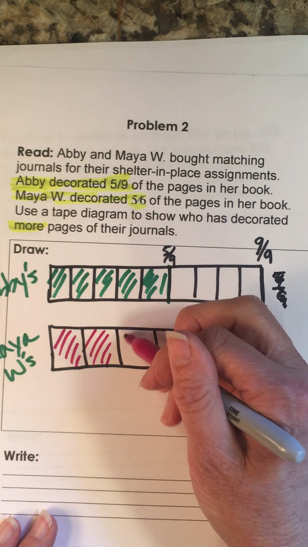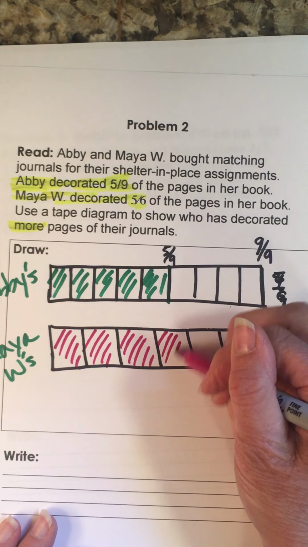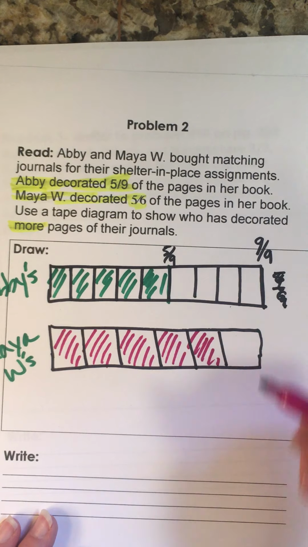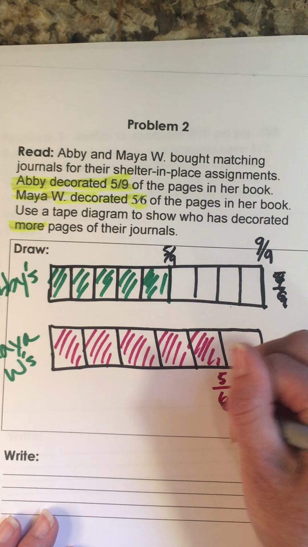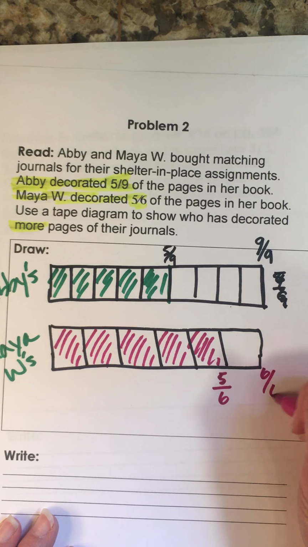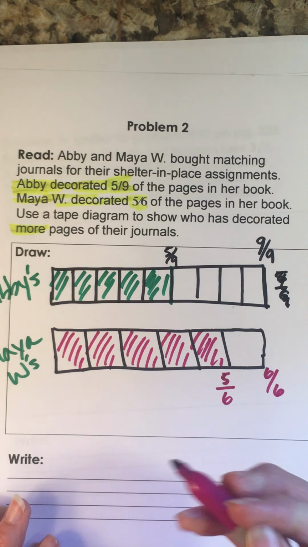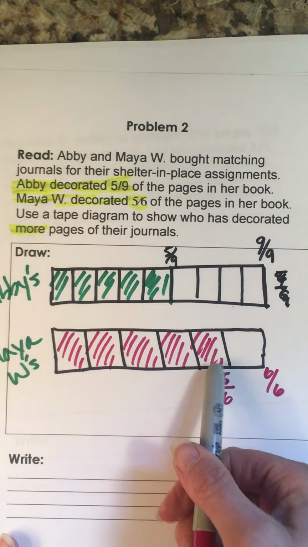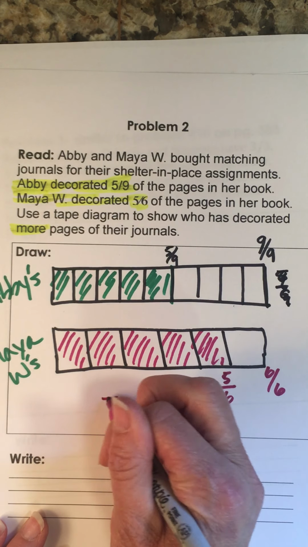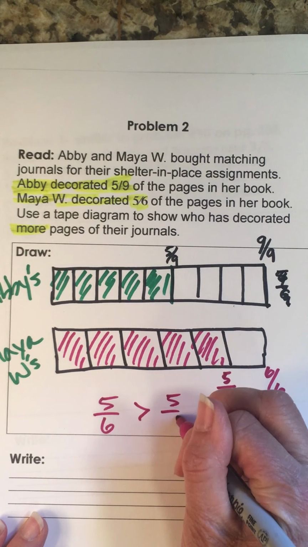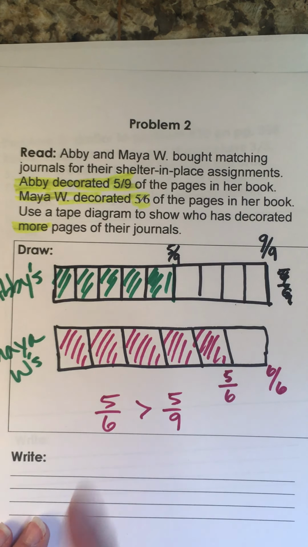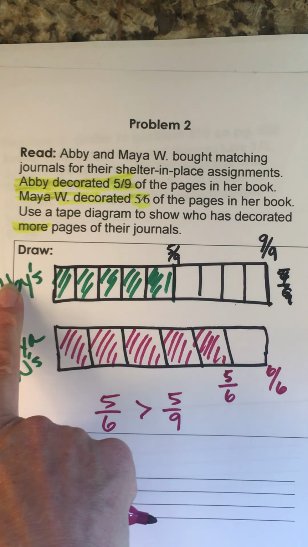So you can see if 5/6 is here, right? The whole book would have been 6/6 for her. So 5/6 is definitely a lot bigger than 5/9, right? So Maya W decorated more than Abby.